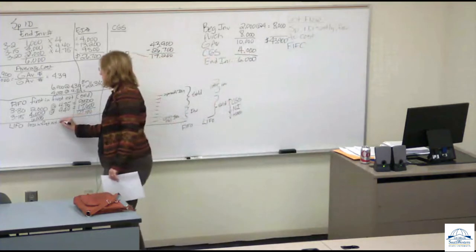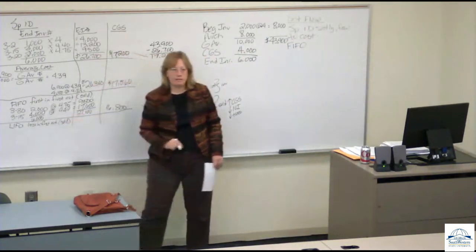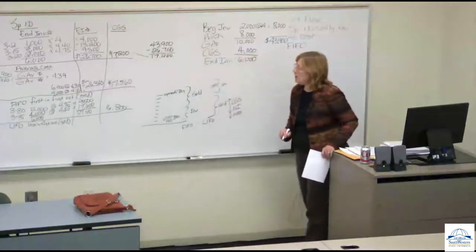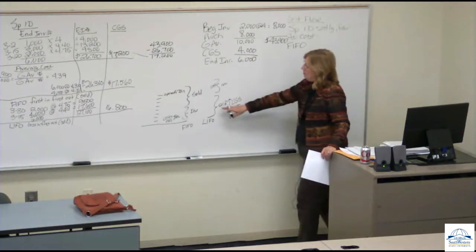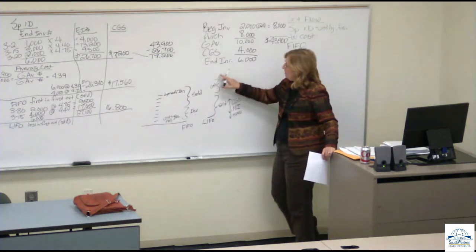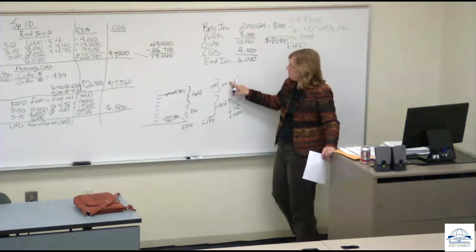Out is code word for sold, right? So we're going to calculate ending inventory again. The last ones in are the ones that were sold. The earlier ones are the ones that are in ending inventory, right?